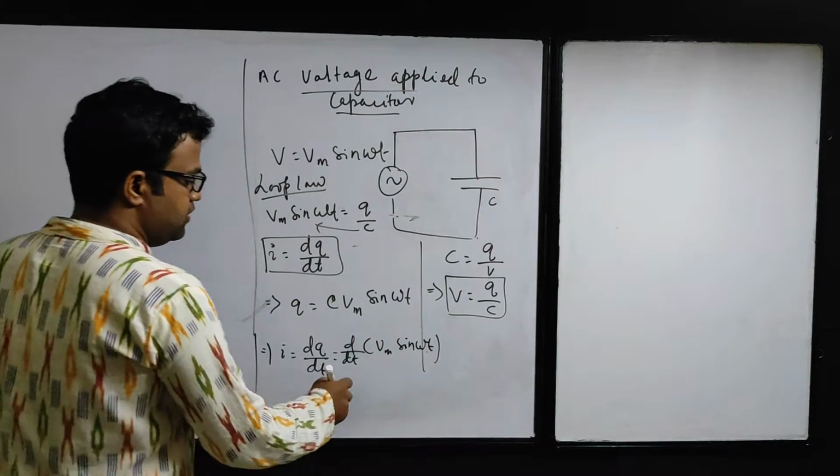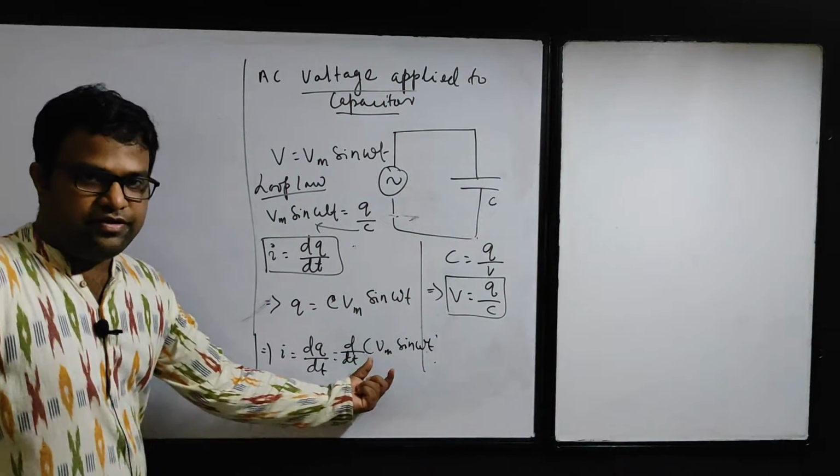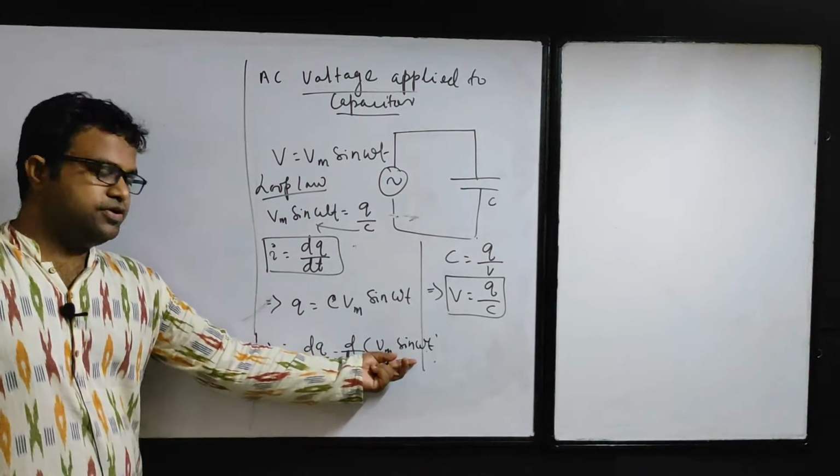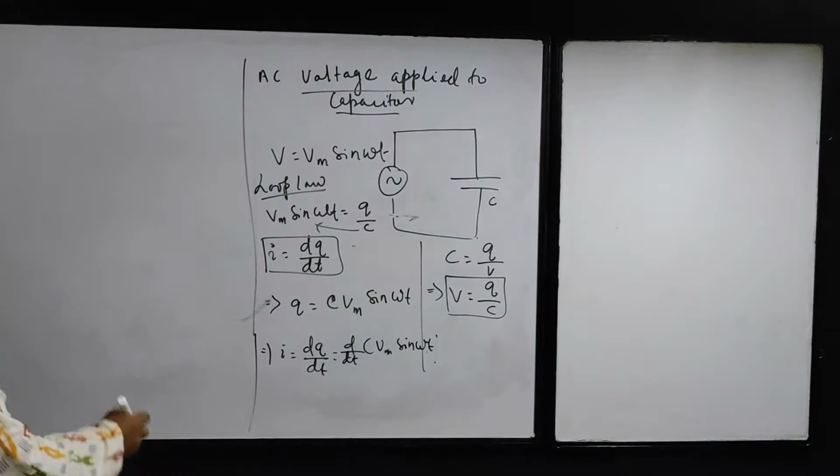Now C and Vm are constants, we will take them outside. What is the derivative of sin omega t? I think all of you know this.